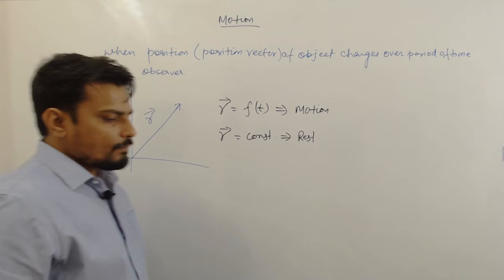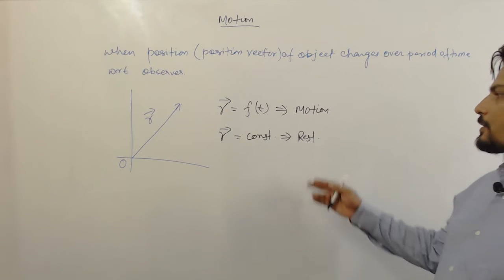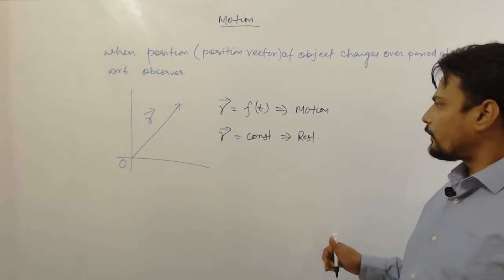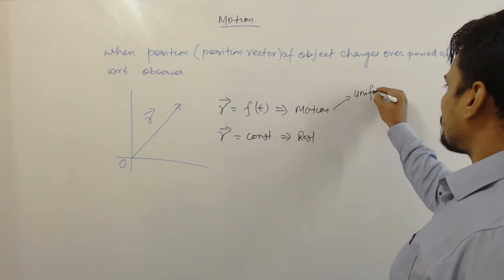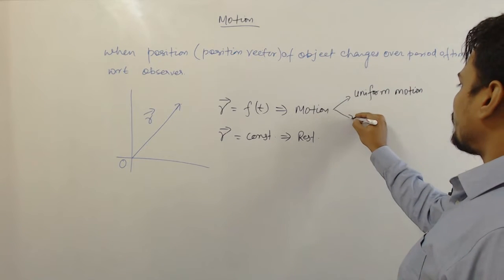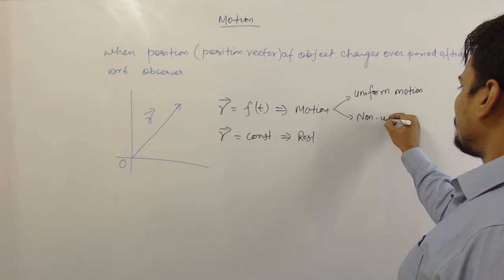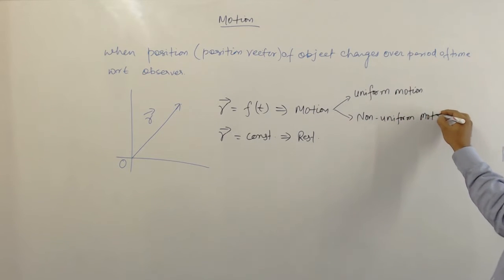Okay. अब थोड़ा और समझते हैं कि how many types of motion and how many types of rest we have. So broadly, if I look at motion, we have uniform motion and another one is non-uniform motion.